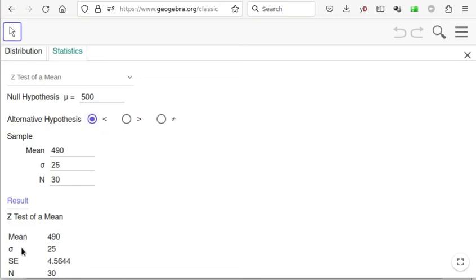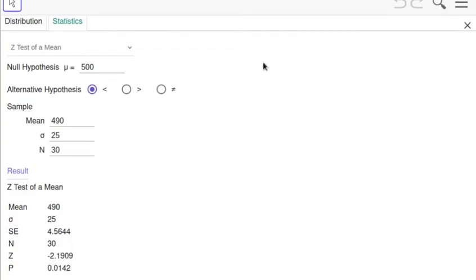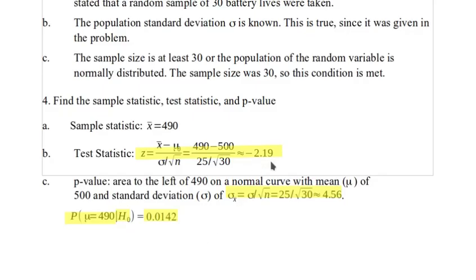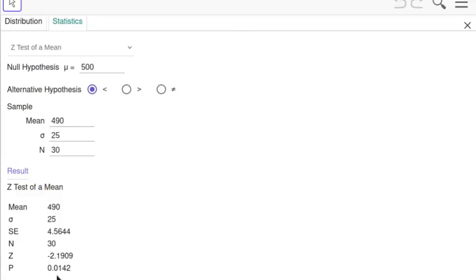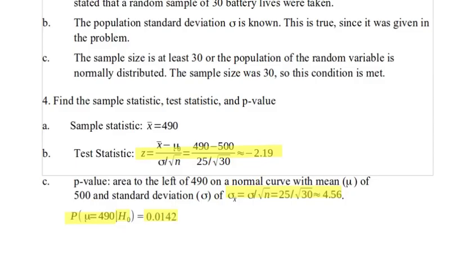And we can see that we have a z-value of negative 2.19, which was very close to the z-value that we found. In fact, negative 2.19, exactly the same. And a p-value of 0.0142, which was also what we found.